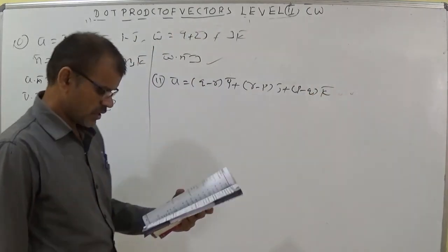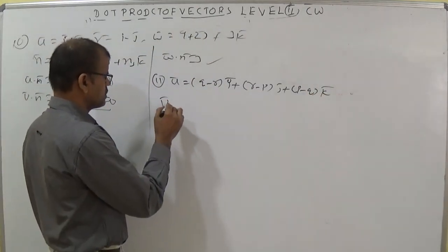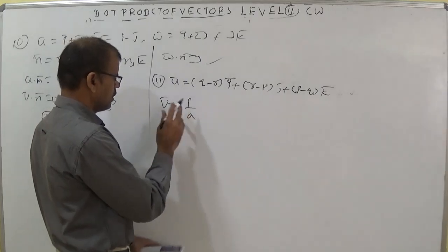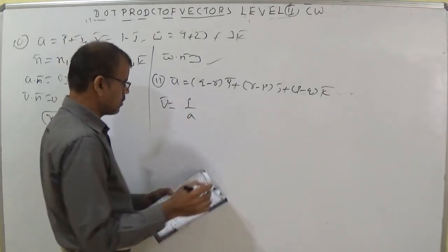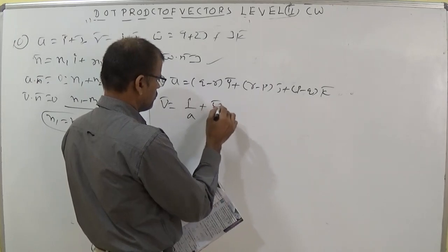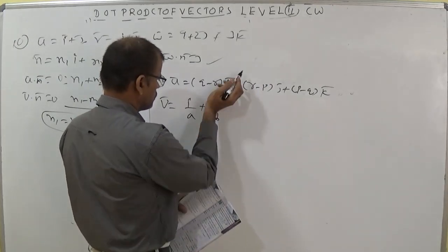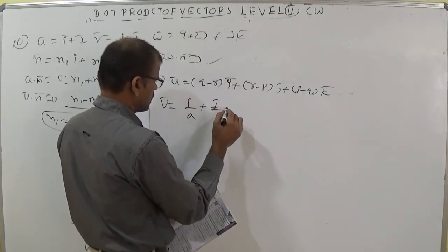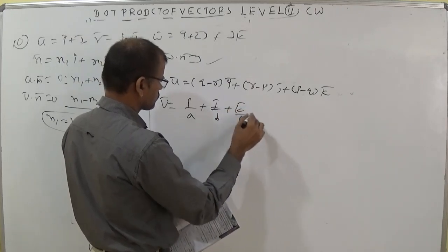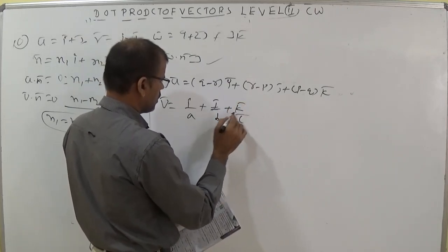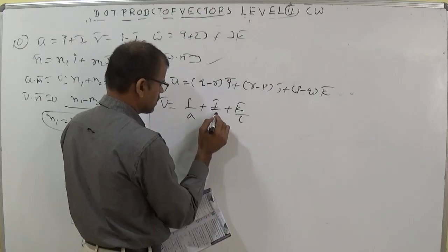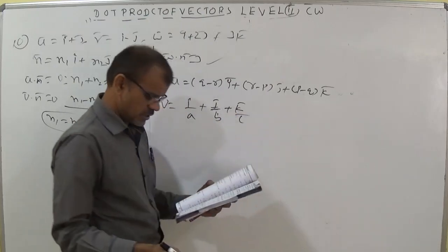That is the vector U given. V is equal to I bar by A plus J bar by B plus K bar by C, as given.